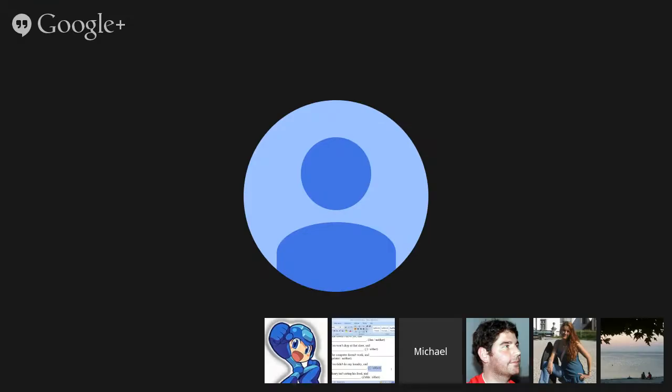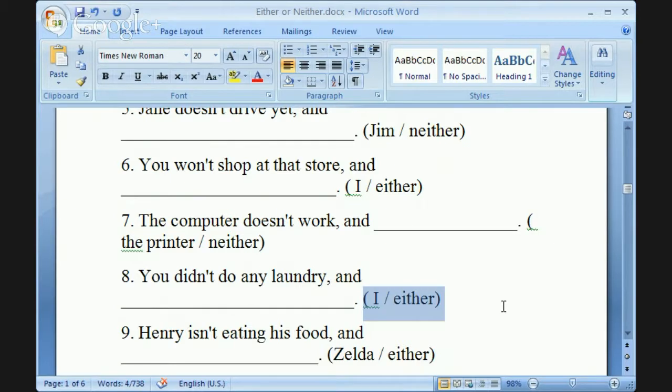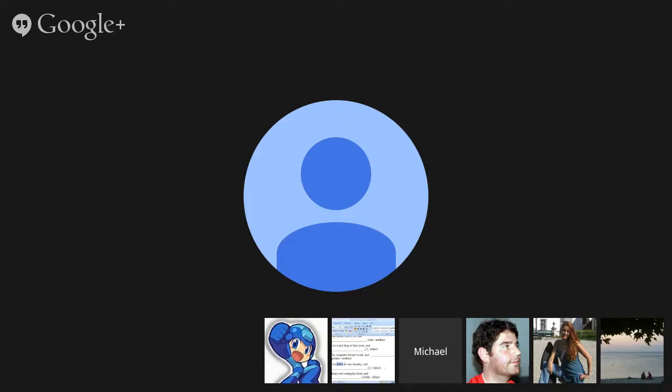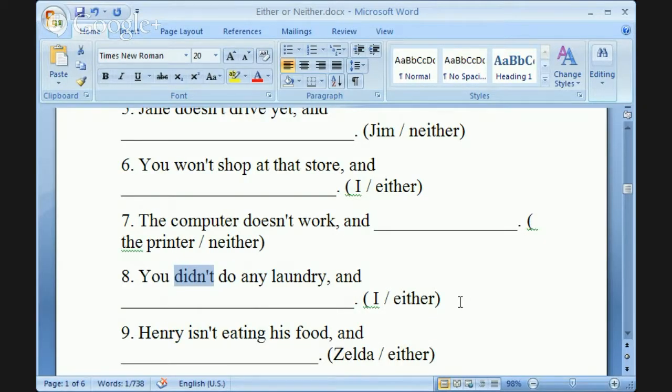The auxiliary verbs are the small helper verbs like can, can't, will, won't, did, didn't, have, haven't. Okay. You didn't do any laundry, and I didn't either. So, with either, you need to have another negative.